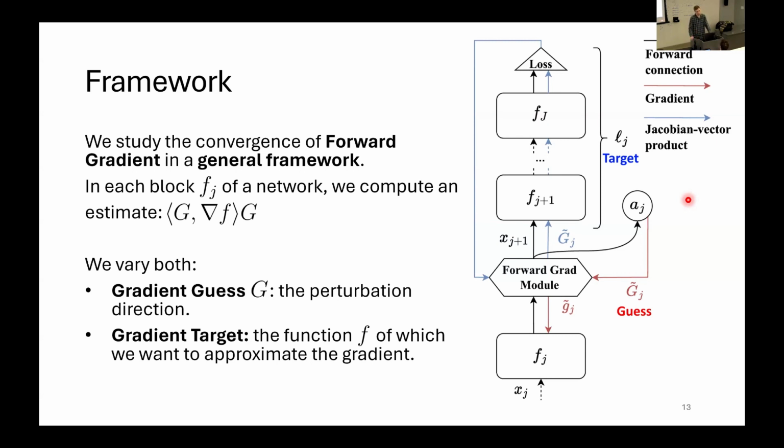Yeah, it's another word for local learning. So we are going to also talk about local learning in the article. If we were in this framework, it would be just using this guess direction here, directly using it to update your module. But here we are trying to see if we can approximate the target gradient.